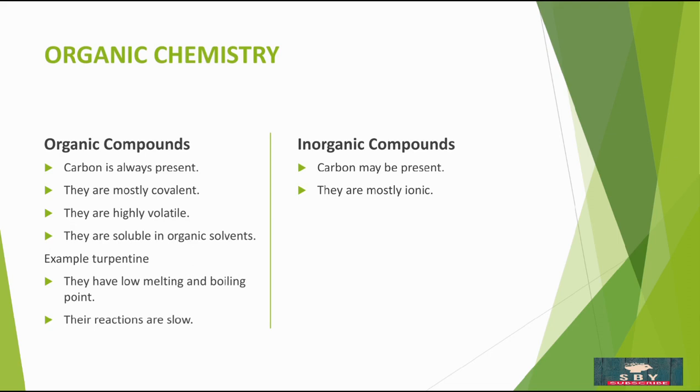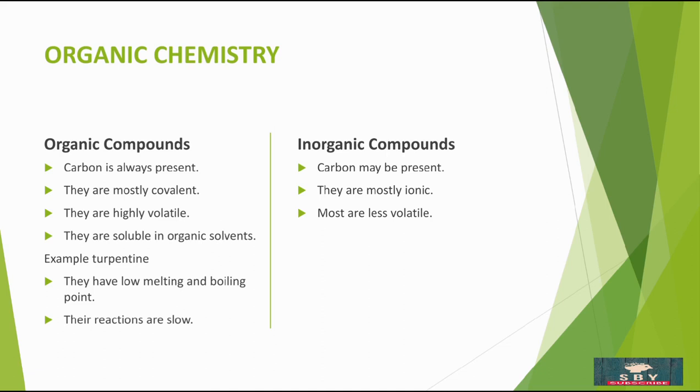So in an organic compound, electrons are being shared, but with an inorganic compound, electrons are being transferred from one element to another. Specifically, the positively charged elements or ions transfer electrons to the negatively charged ones.